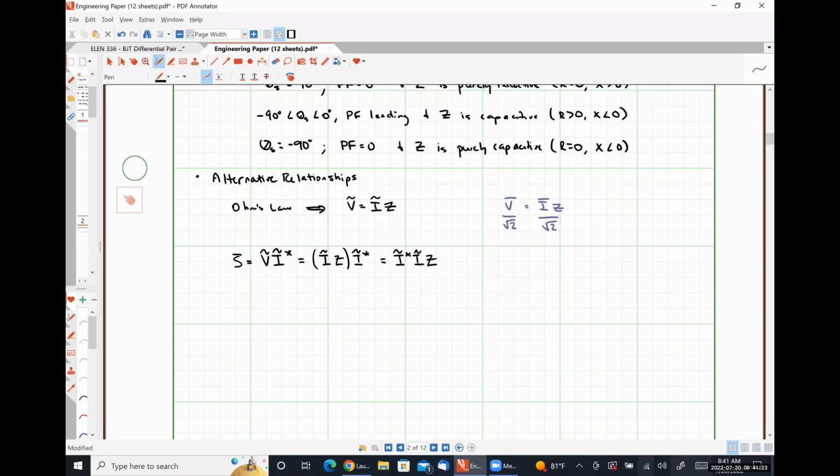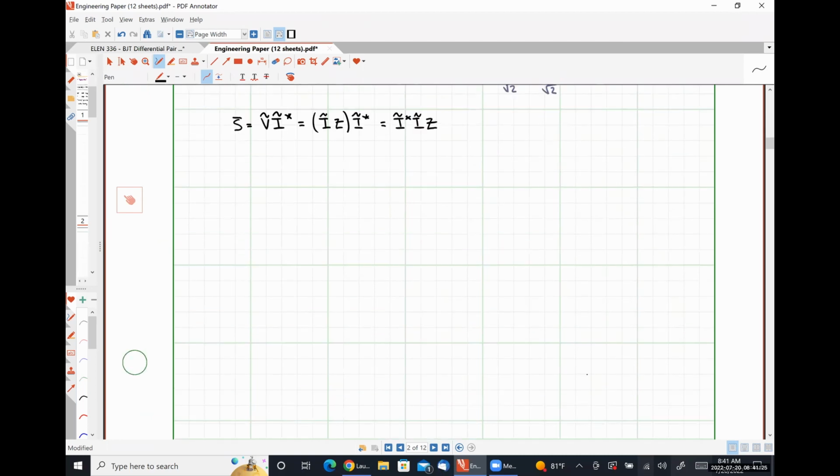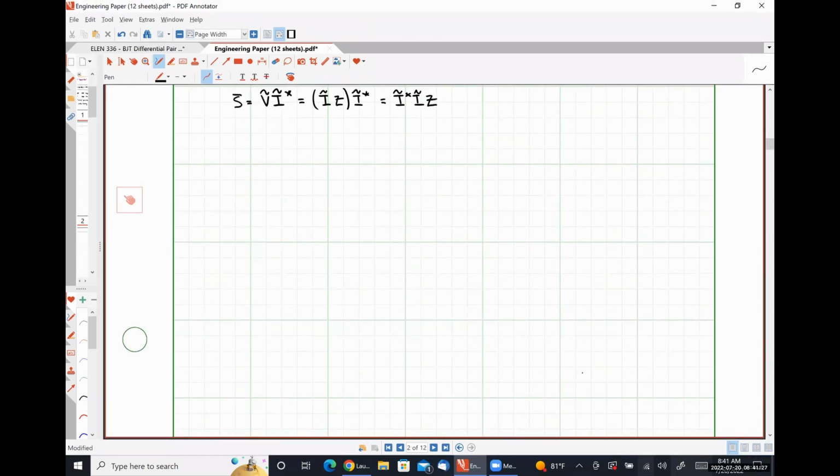All right, well, let's see. I'm going to do this as an aside here at the bottom just to show you what's up, and then I'm going to wind up erasing it.